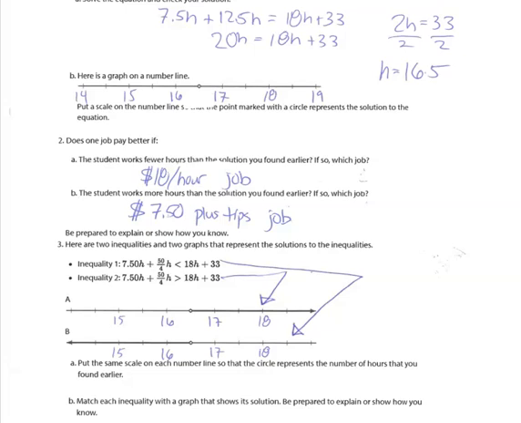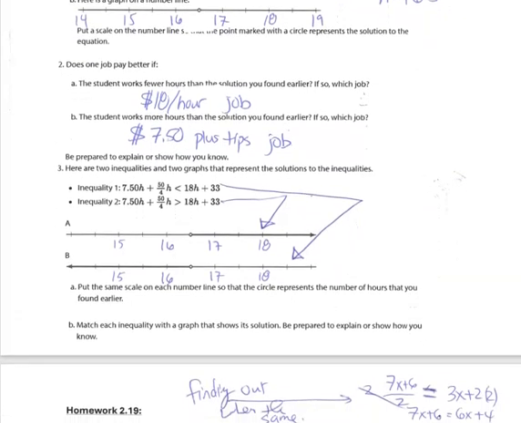When you put in 0 for H, you're going to have 0 on one side and 33 on the other, which means the $18 an hour job is better at 0 hours, which means everything less than 16.5, since 0 is less than 16.5, all of those would mean that it was better to go over and have the $18 an hour job, and anything above 16.5 hours, it's going to be better to have the $7.50 plus tip job.